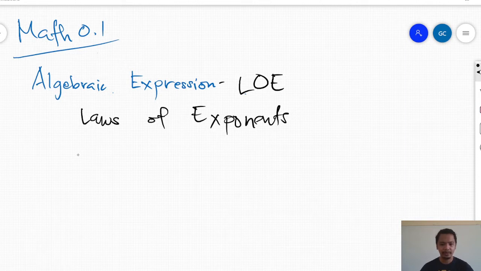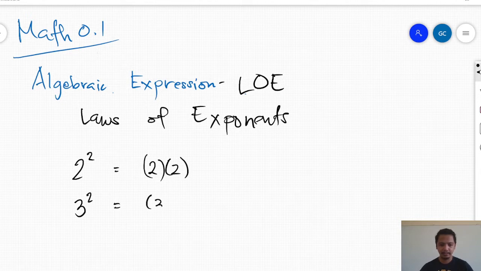So when we have exponents, let's say we have 2 squared, we do understand that that is equal to 2 times 2. Or kapag meron tayong 3 squared, we have there 3 times 3. So basically, when we have exponents, ang general rule lang, you just need to multiply the number to itself kung ilan mang beses yung nakalagay doon sa exponent.